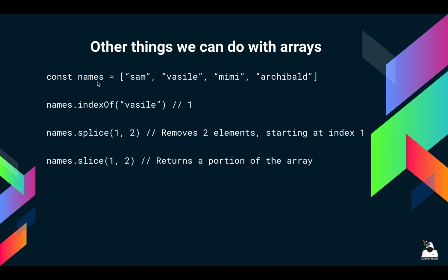But maybe, I don't know, we randomize the order of this names array, and then we want to find the position that Vasil is in, and we can call indexOf. So we want to find out the index of a value. So we pass a value and it kind of runs through all of the elements in the array until it finds one that matches, and it returns the index of that element.